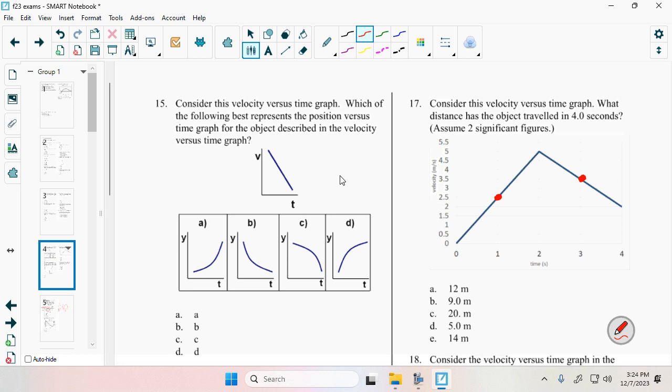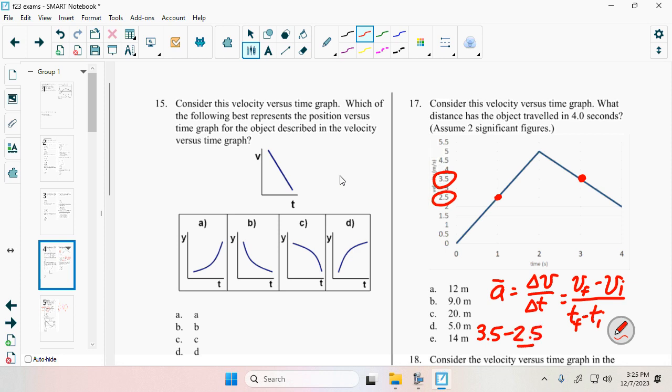Some of you might actually use the formula, and the average acceleration, the formula was delta v over delta t, and then you would find vf minus vi over tf minus ti. So right here, vf is going to be 3.5, 3.5 minus 2.5 divided by 3, that's tf minus 1.